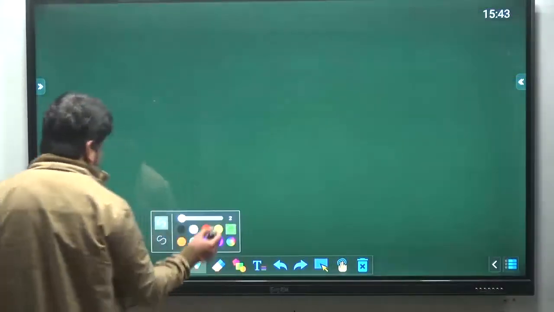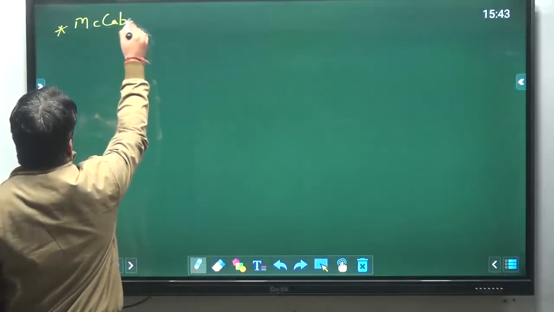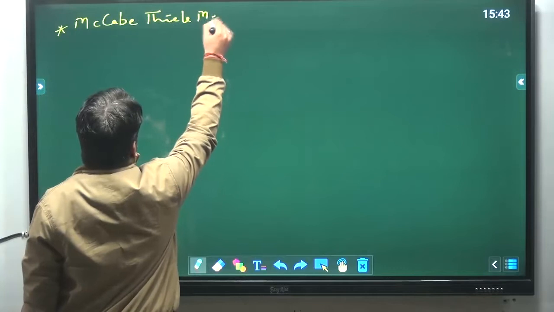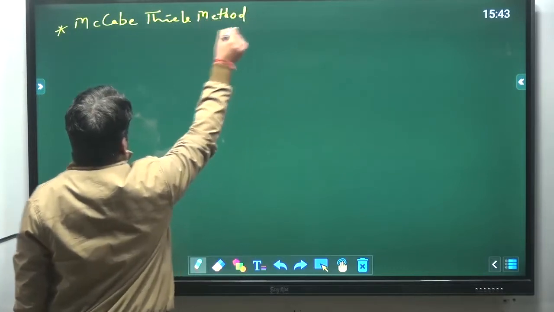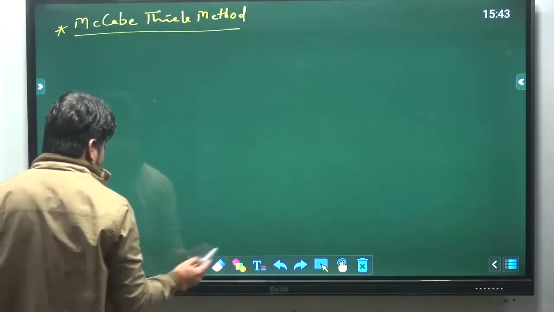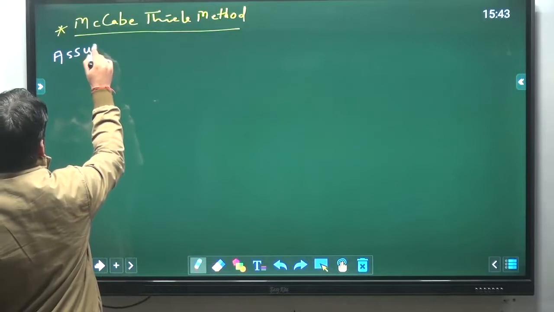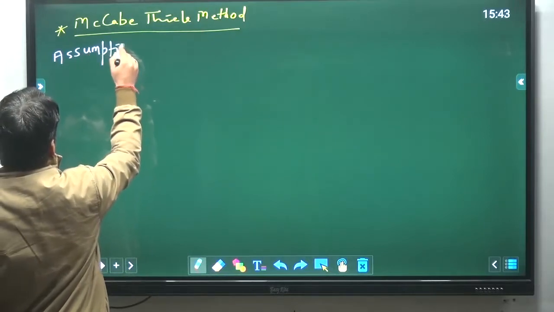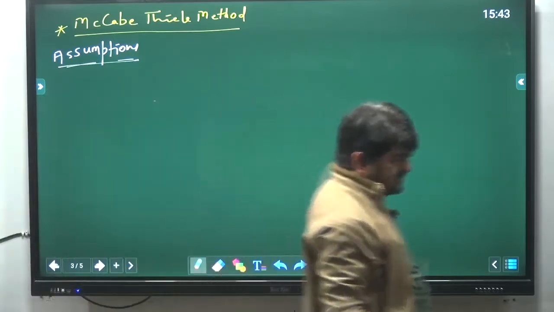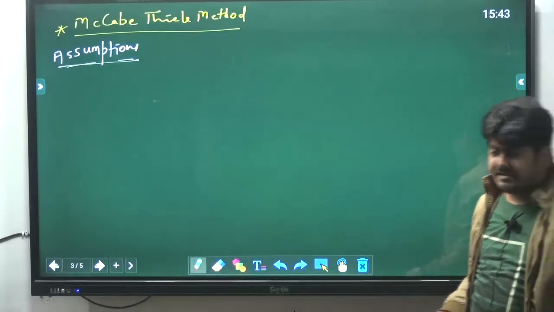Based on the McCabe method, there are a few points which all of you should remember. First, the assumptions in the McCabe method: the imaginary points we assume to simplify the designing.